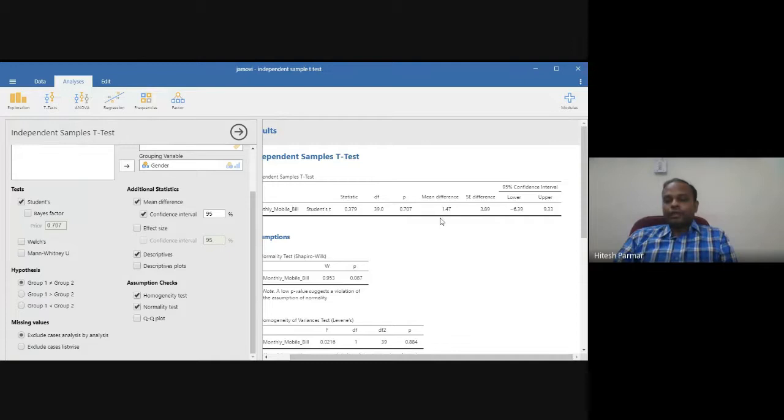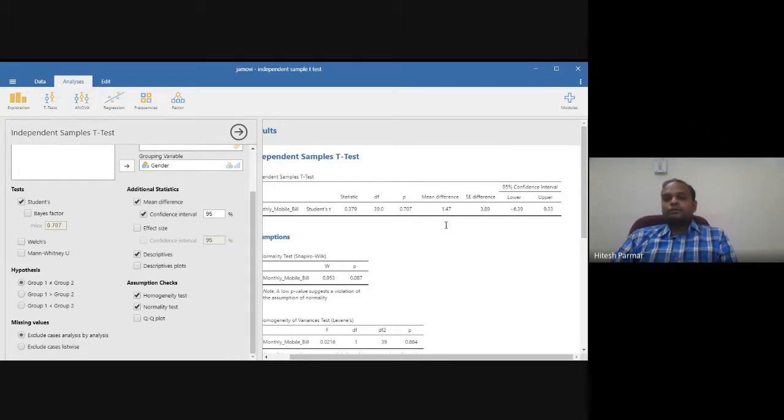Now the software also generates the 95% confidence interval with lower and upper limits. How do we interpret this 95% confidence interval? The lower limit is minus 6.39, and the upper is plus 9.33. This time we get a mean difference of plus 1.47.